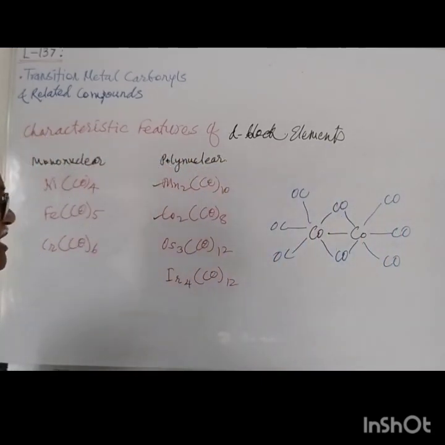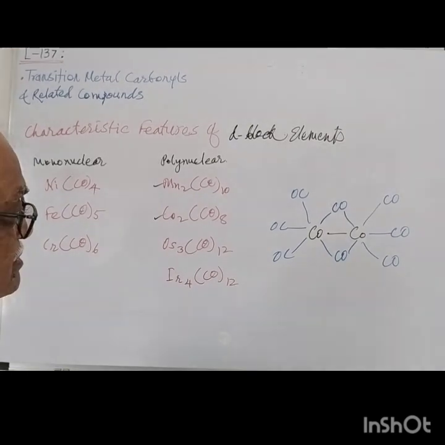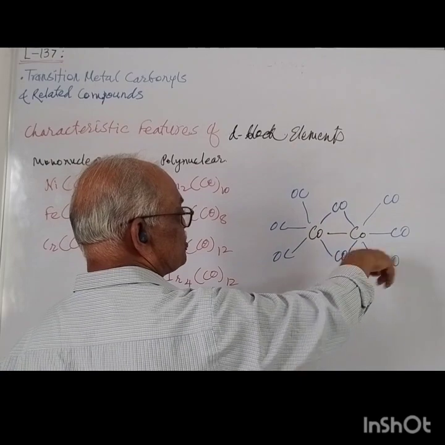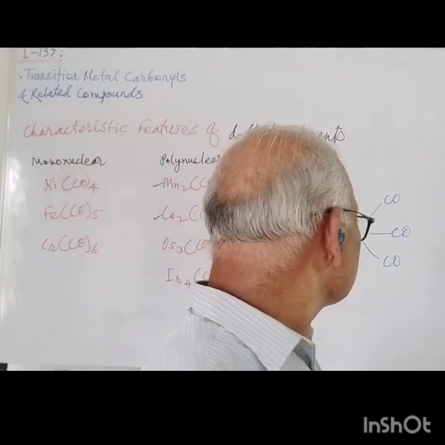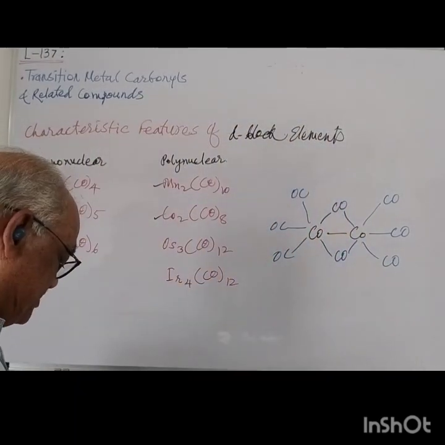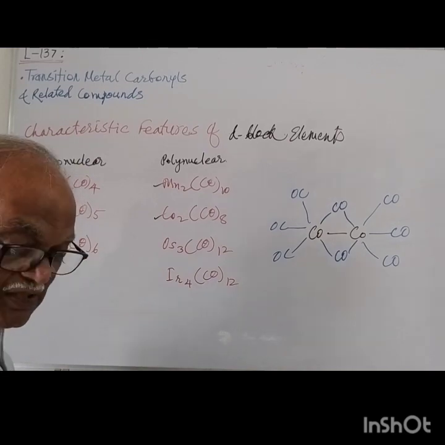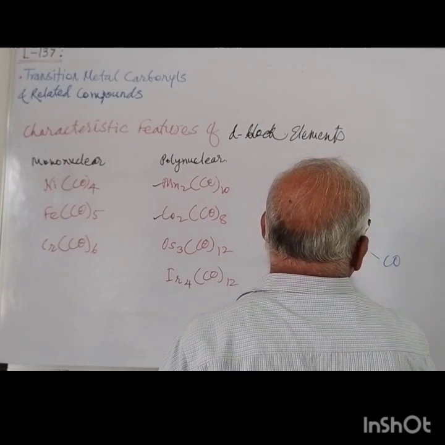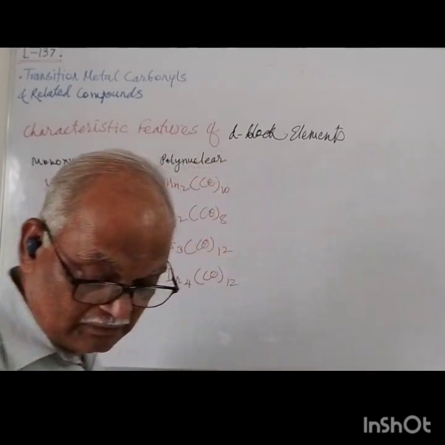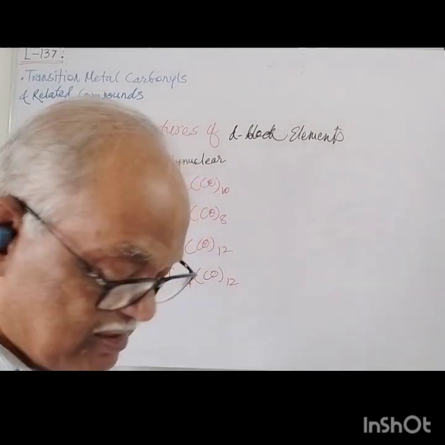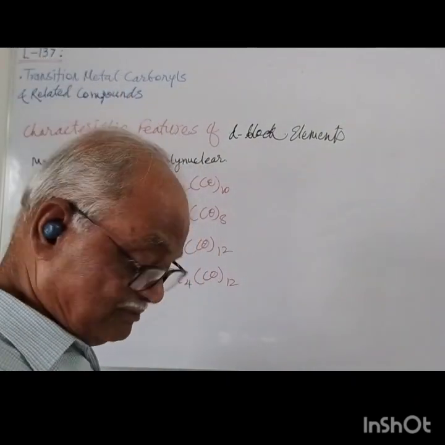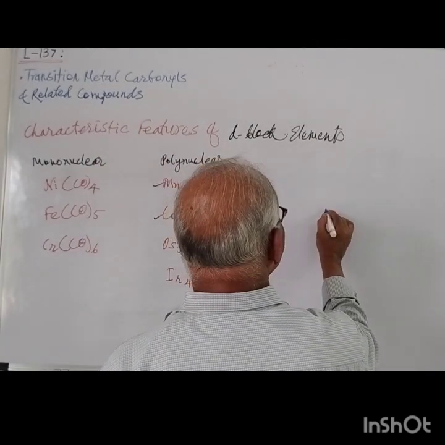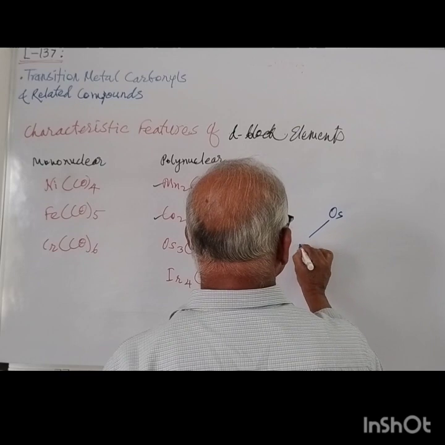So this is Co2, cobalt 2, and carbon monoxide molecules, these ligands are 8. Now another structure we can see here is like this, for the osmium molecule, Os.